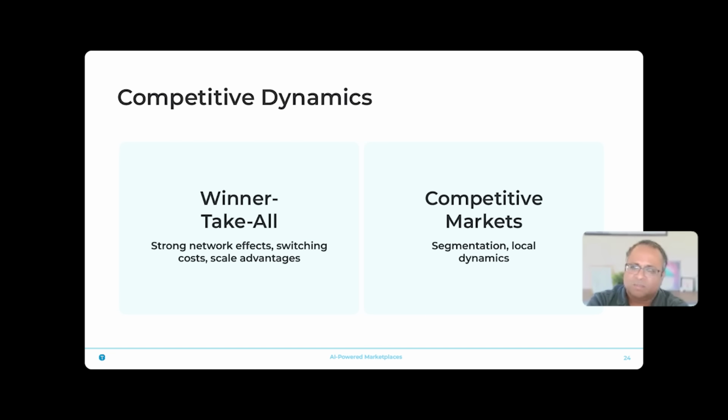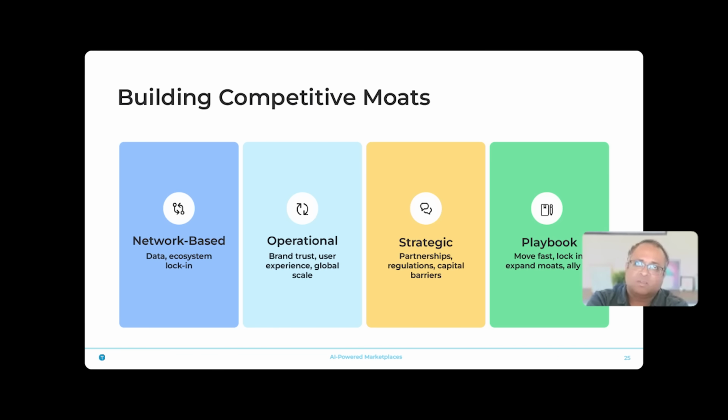Again, in terms of competitive dynamics, in most of the markets today, it is winner take all with a strong network effect. The thing here is the switching costs. Your platforms should be so valuable that switching costs, both in theory and practice, should be your biggest moat, right?